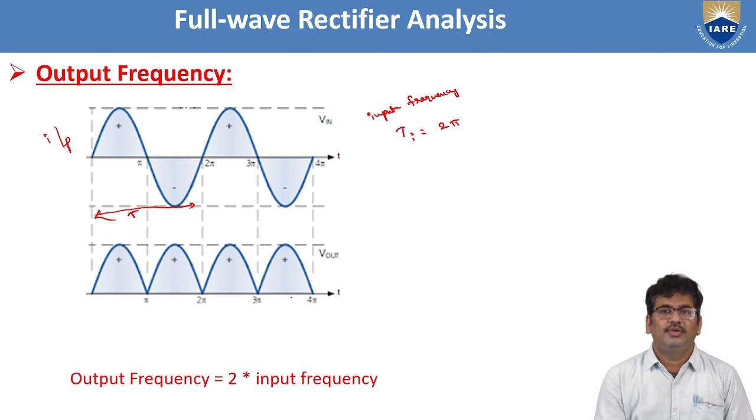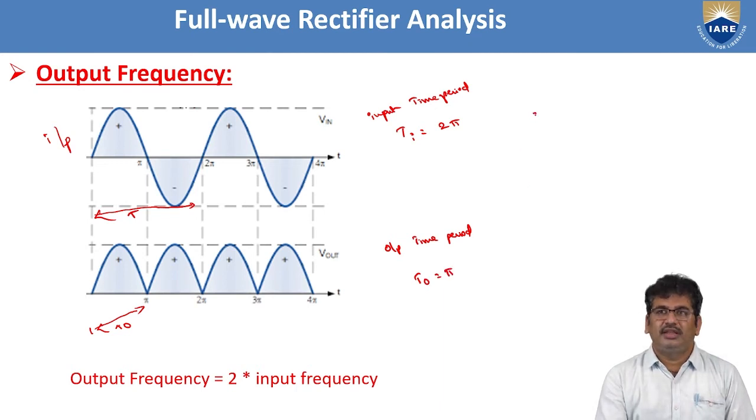Whereas for the output, the periodicity is given as T naught. So the output time period, I'll take as T naught equals pi.